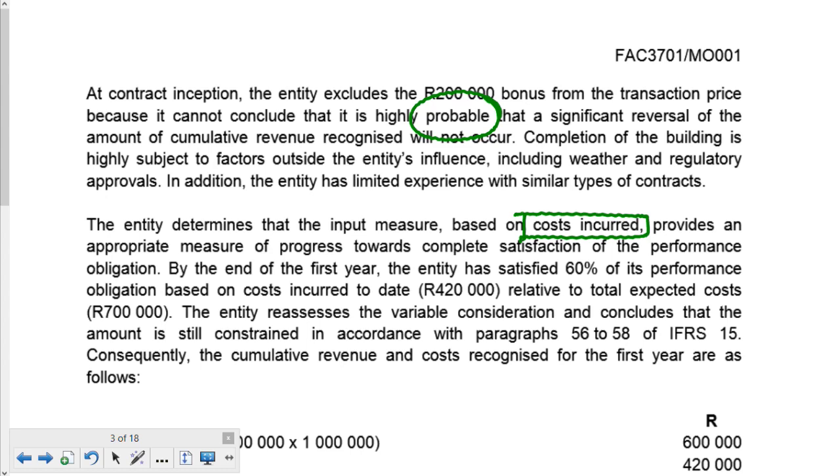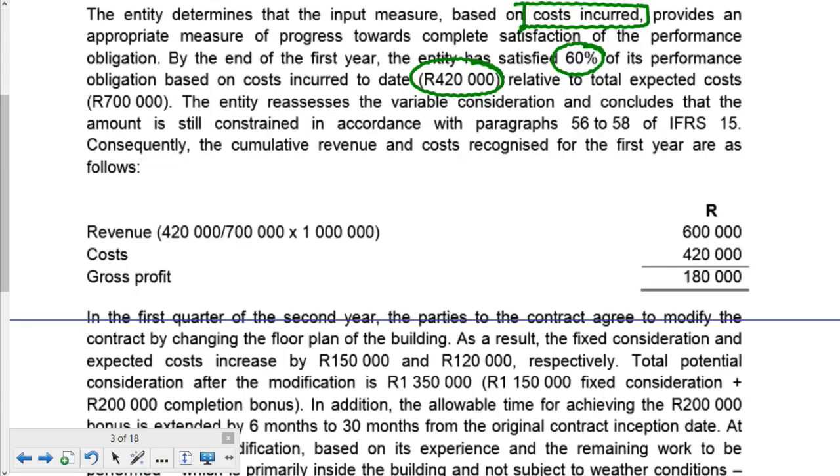By the end of the first year, they've satisfied 60% of the performance. They've spent 420,000 rand out of the 700,000 that they had estimated in the beginning, and so they are 60% complete with the project. So at the end of the first year, we will recognize 60% of the revenues, 60% of the costs, and 60% of the profit.